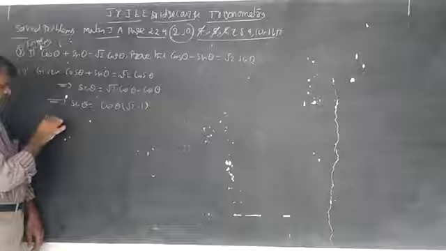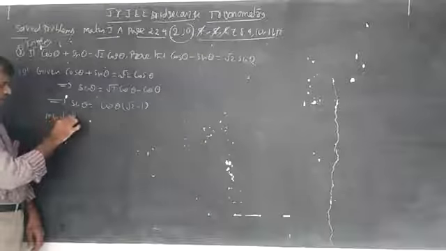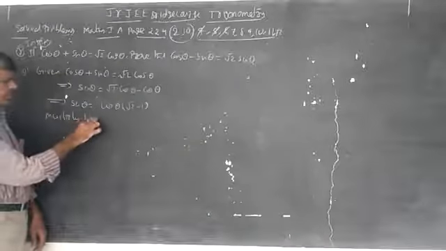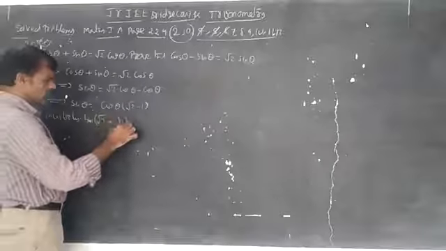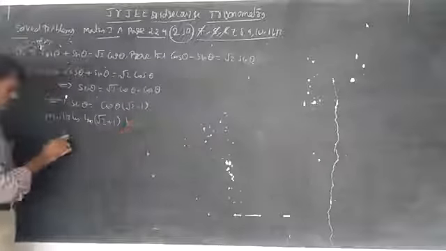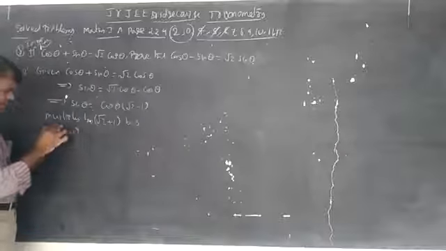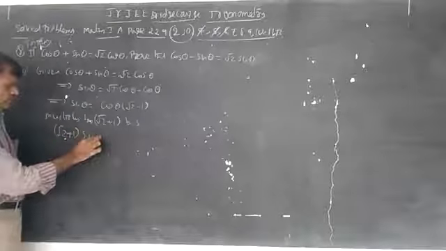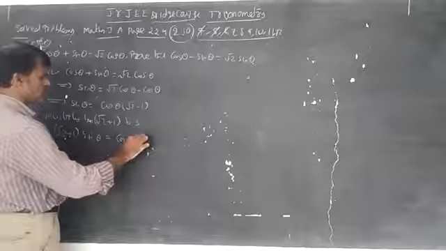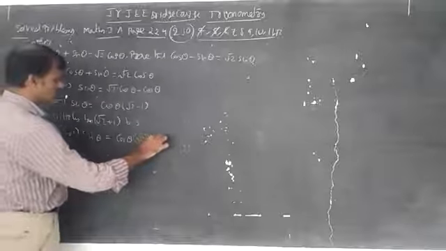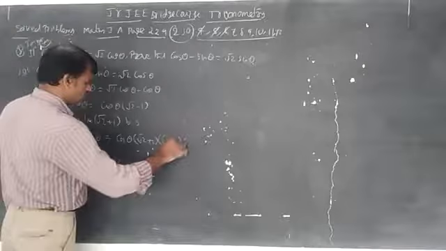Now multiply by root 2 plus 1 on both sides. You get root 2 plus 1 into sin theta is equal to cos theta into root 2 plus 1 into root 2 minus 1.